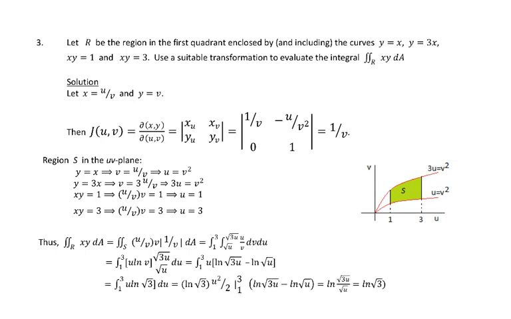Note that the expression ln of root 3u minus ln of root u simplifies just to ln of root 3. The integral of u with respect to u is just u squared over 2, and when you substitute the boundaries, the answer simply reduces to ln of 9.